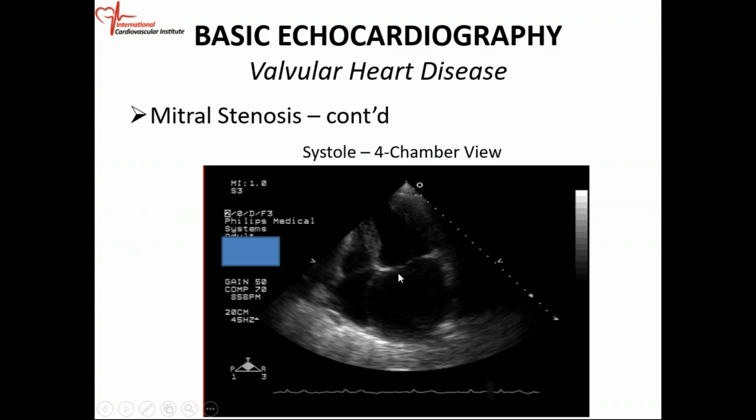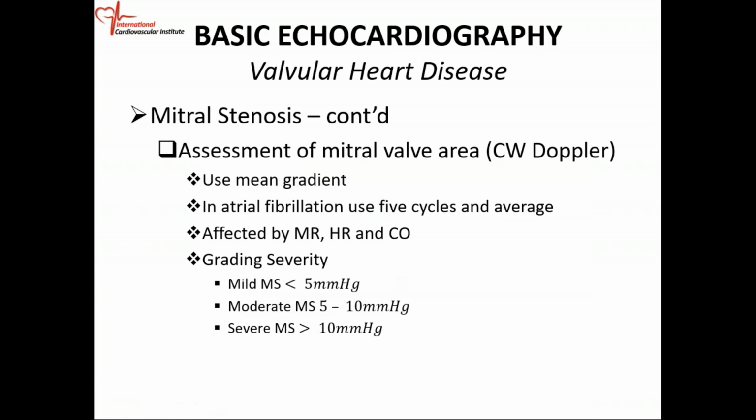So this is the frame we showed you at first, a diastolic frame, where the mitral valve is supposed to open, and this is a systolic frame where the mitral valve is supposed to be closed. You can see the large left atrium. All right, so how do you assess the mitral valve? You suspect mitral stenosis. There are a few things that you need to do. You need to get good pictures, okay?